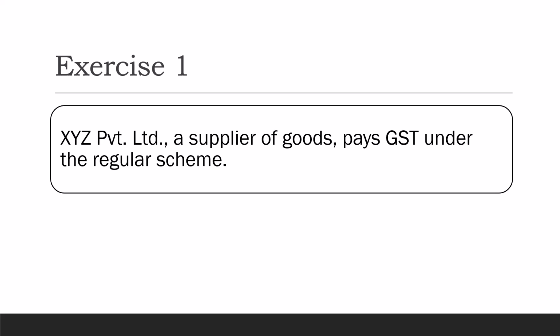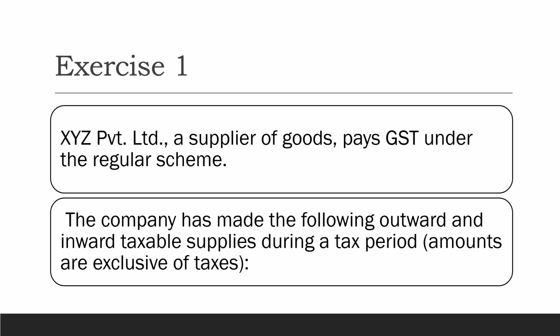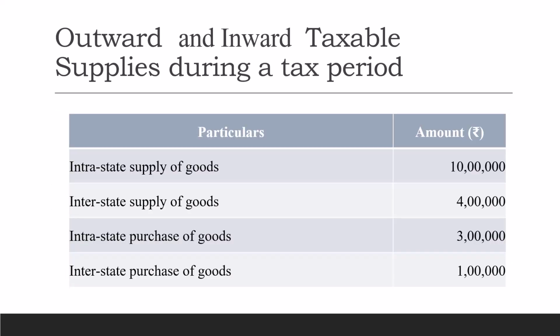The company has made the following outward and inward taxable supplies during the tax period. Amounts are exclusive of taxes, so this is without taxes. How much output, how much sale he has done, how much revenue he has made. Then these are the outward and inward taxable supplies during the tax period.